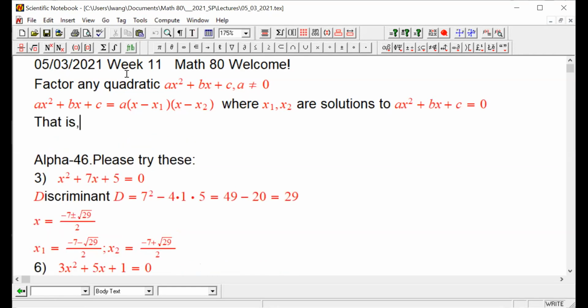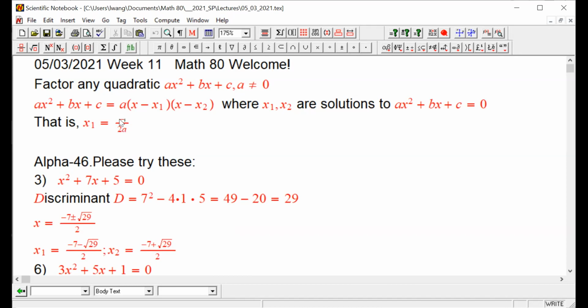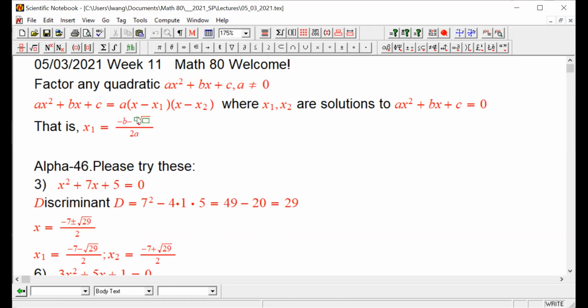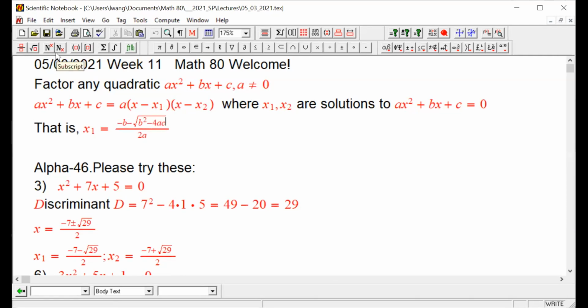That is, x sub 1 equals negative b minus the square root of b squared minus 4ac, all over 2a. And x sub 2 is the same formula, where we choose the positive sign.